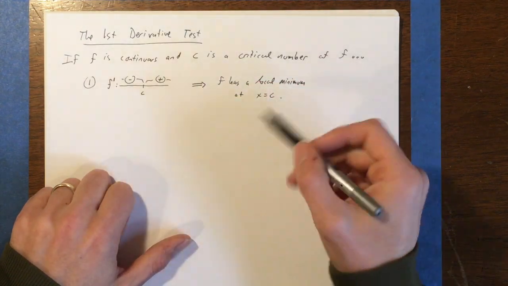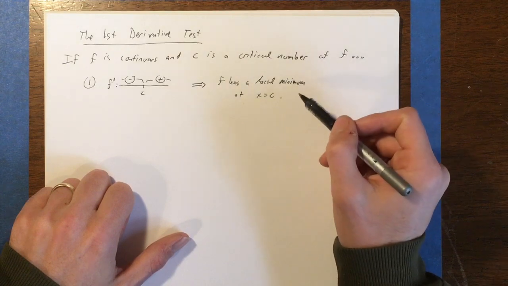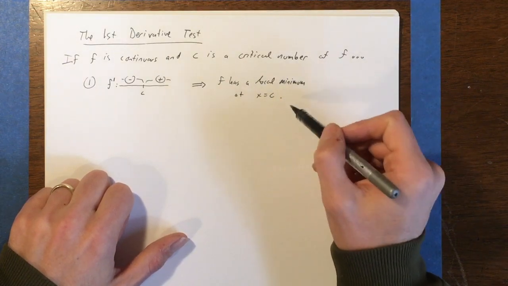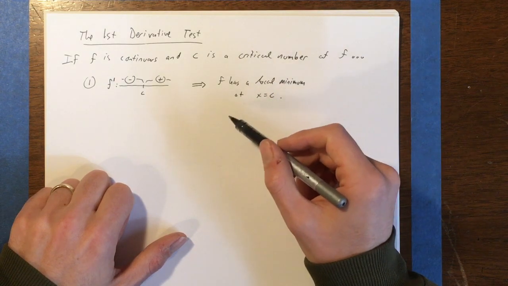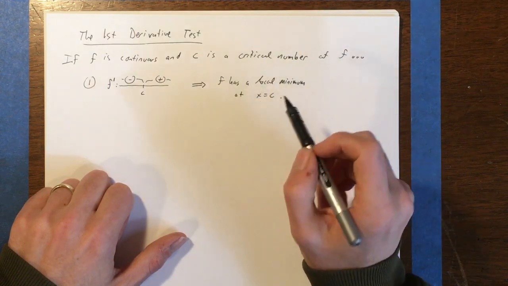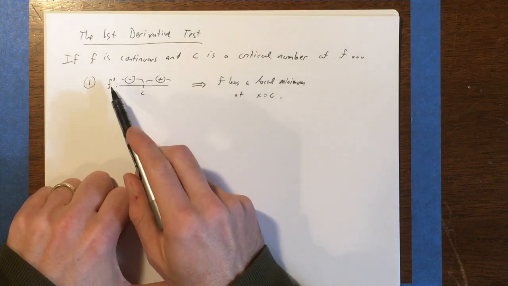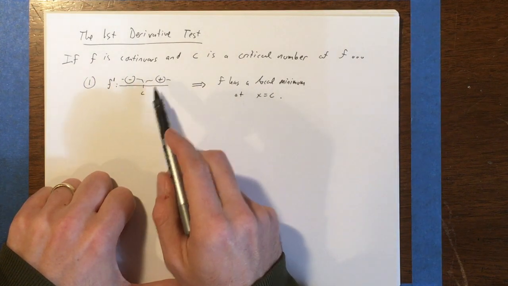And if you want to figure out what the actual minimum value is, then you can evaluate the function at c and get the y-coordinate of that point. But we're talking about just identifying whether or not there's a min or a max at that critical number. So if f prime changes negative to positive, then there's a minimum.